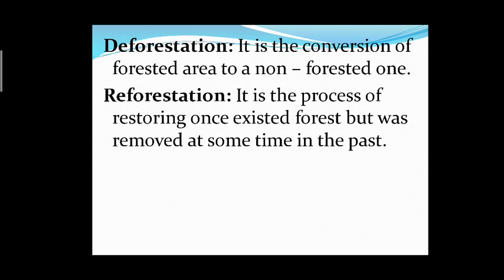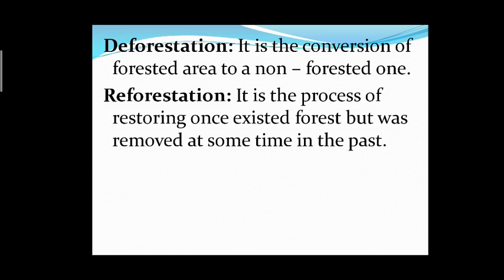Then next is deforestation. Deforestation means it is the conversion of forest area to a non-forest one, that is cutting down the forest area, trees, that creates deforestation. Then reforestation, it is the process of restoring once existed forest but was removed at some time in the past.